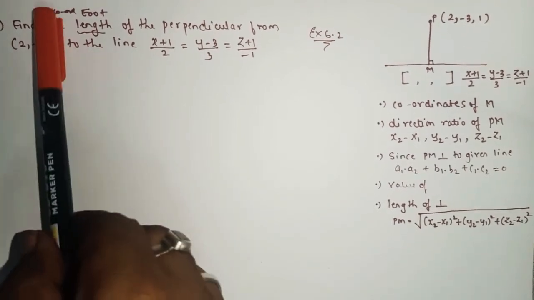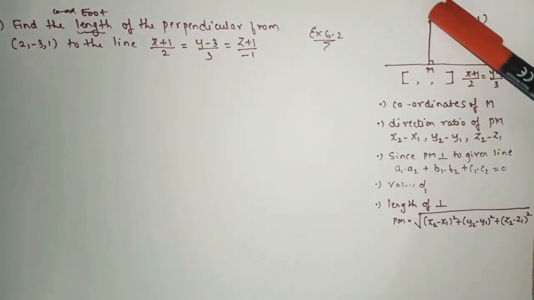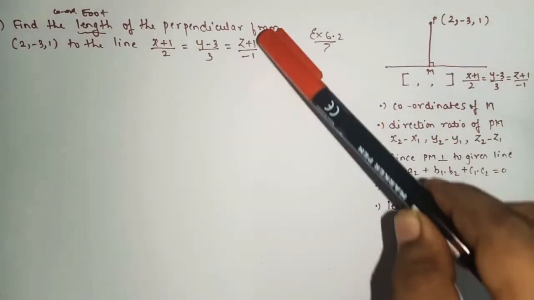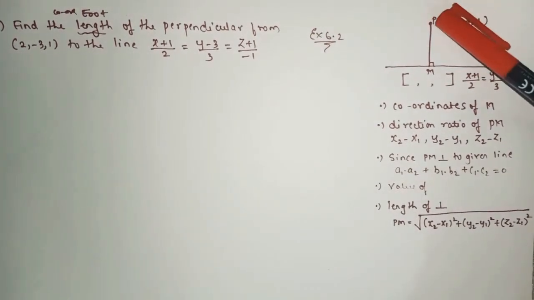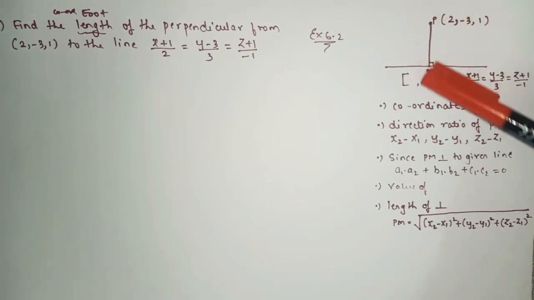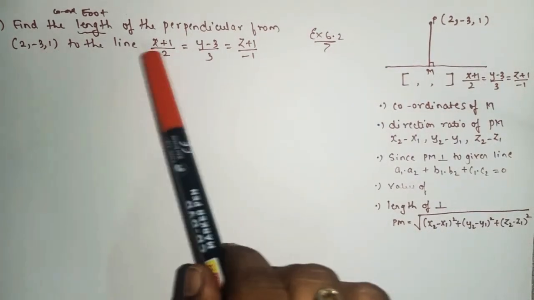So what exactly do we have to find? We have to find the length of the perpendicular from the point 2 comma minus 3 comma 1. Here we'll take PM as the perpendicular, and this PM is perpendicular to the line.